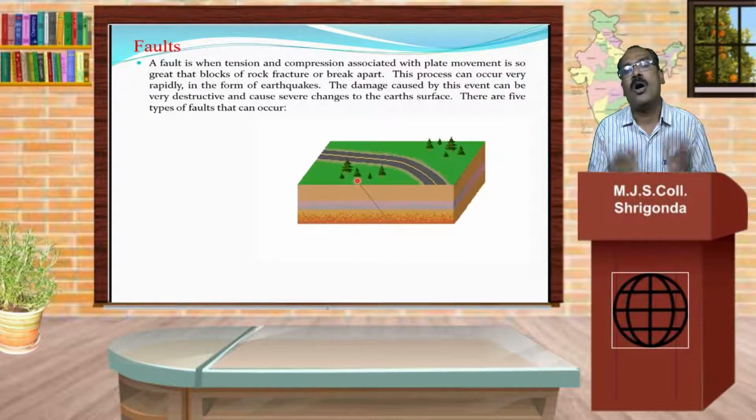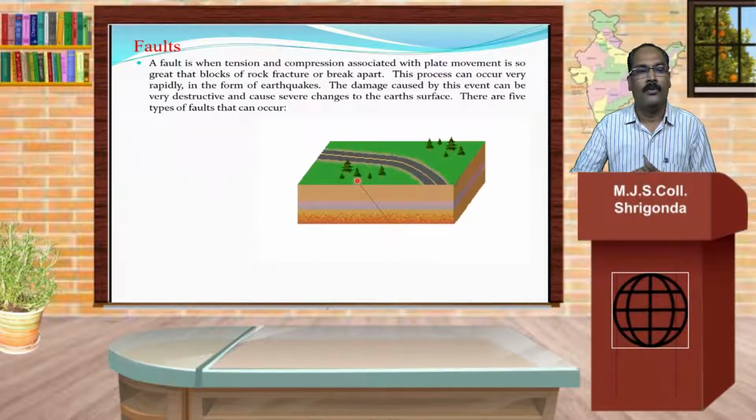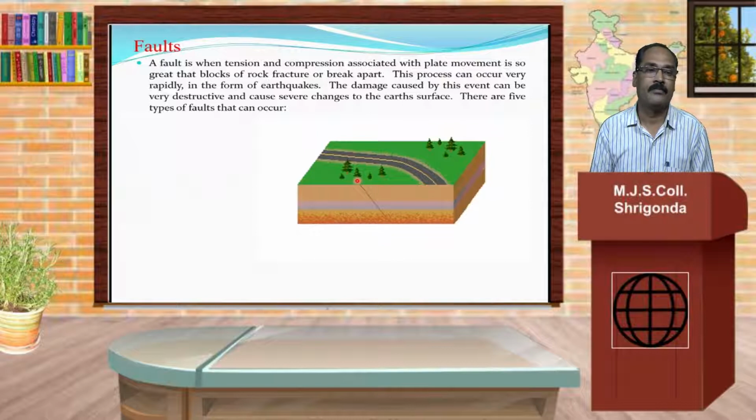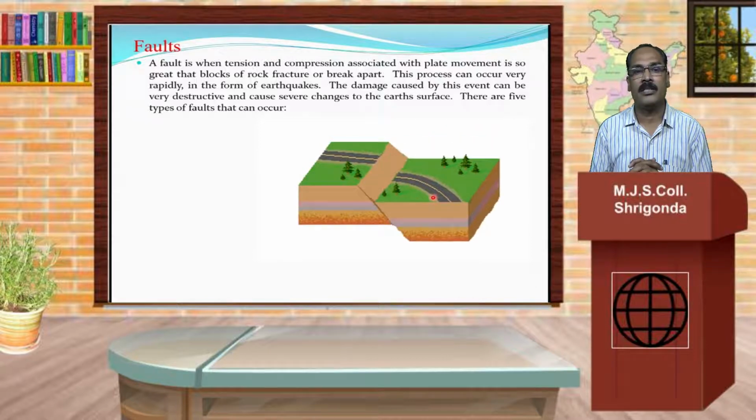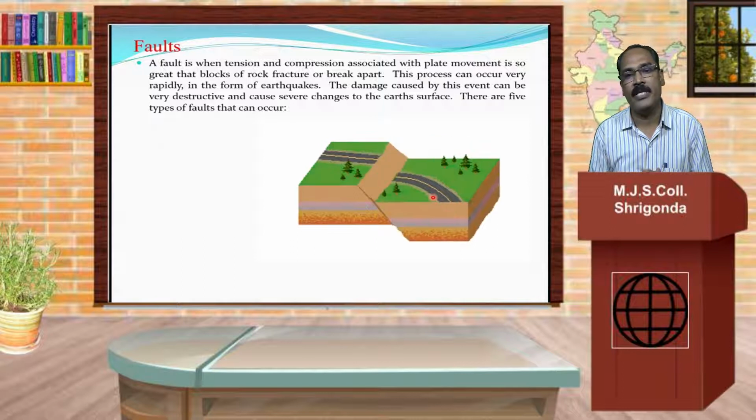These processes can occur very rapidly in the form of an earthquake. The damage caused by such an event can be very destructive and cause severe change to the earth's surface.